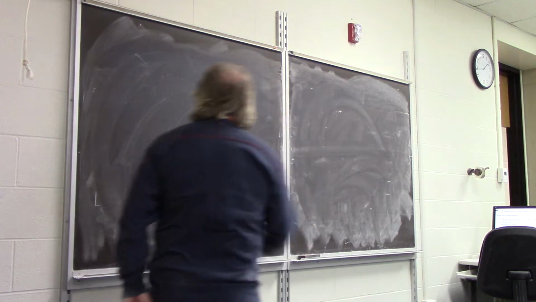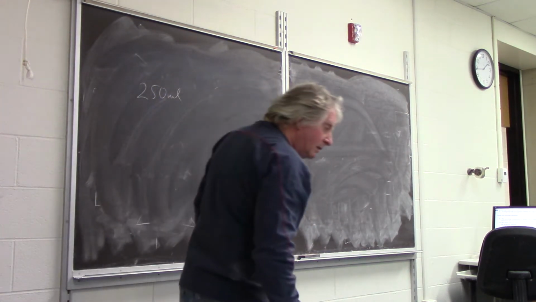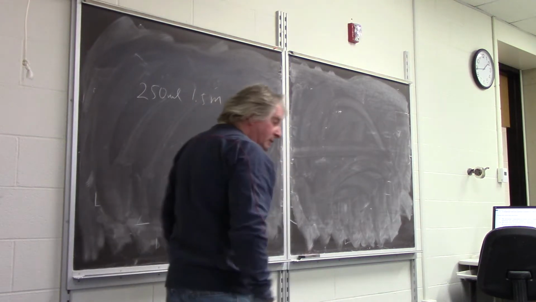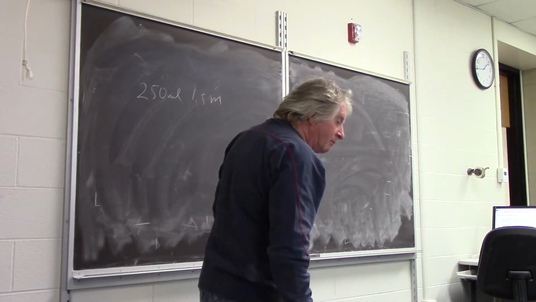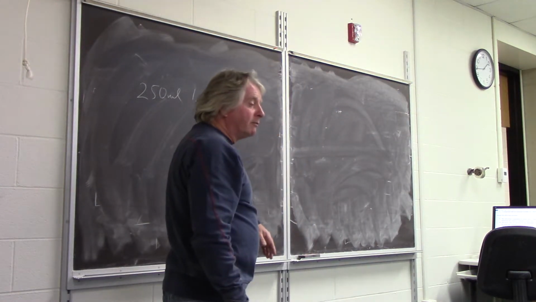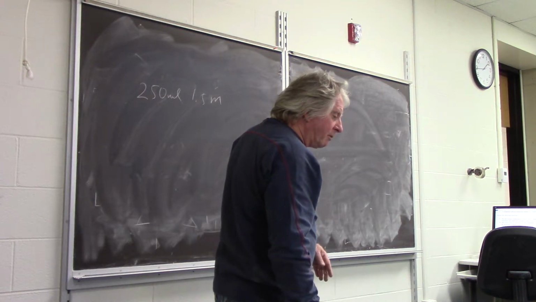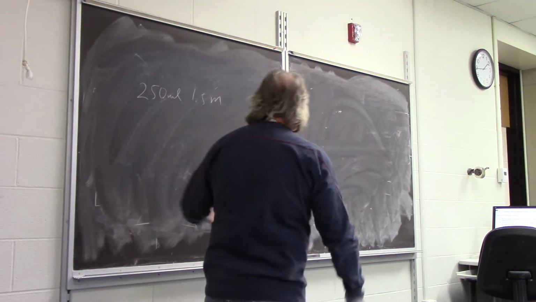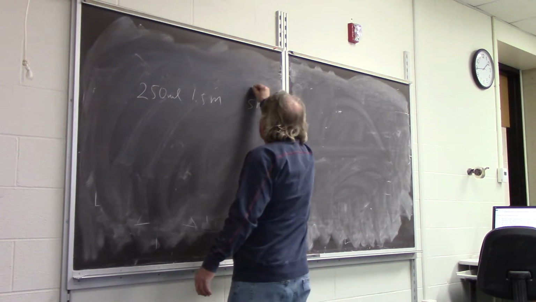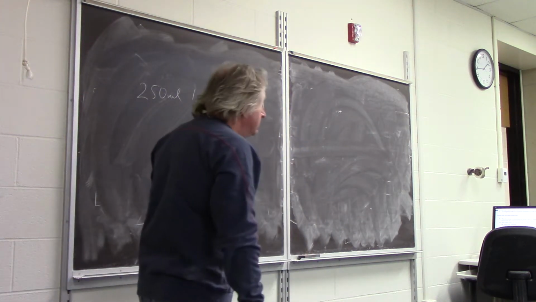I want to make 250 mils of 1.5 molar. And it really doesn't matter what it is, because there's no molar mass involved with this. So I'm making 250 mils of 1.5 molar from a 5 molar solution. Okay, so my stock is the 5 molar.